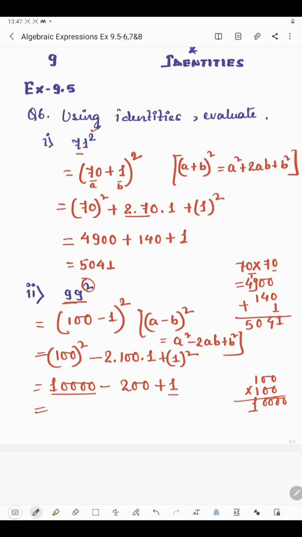Now 10,000 and 1 have similar signs, so we add these two. Only the unit place changes and the rest remains the same, so 10,001 minus 200. 1 minus 0 is 1, 0 minus 0 is 0, 10 minus 2 is 8, so the 10 becomes 9. So it will be 9801. Okay, now coming to the next part.